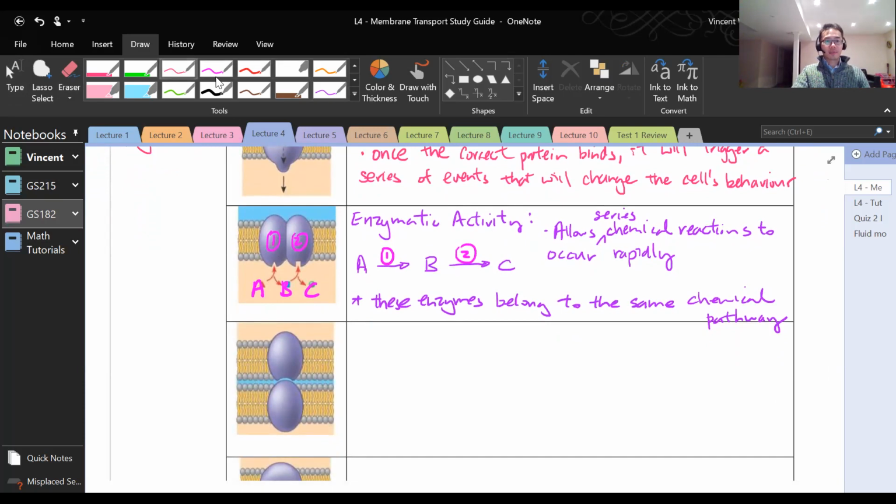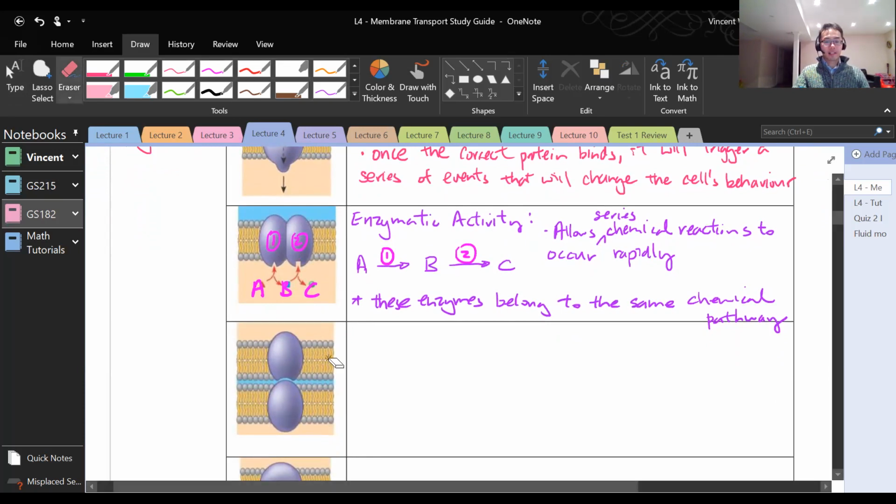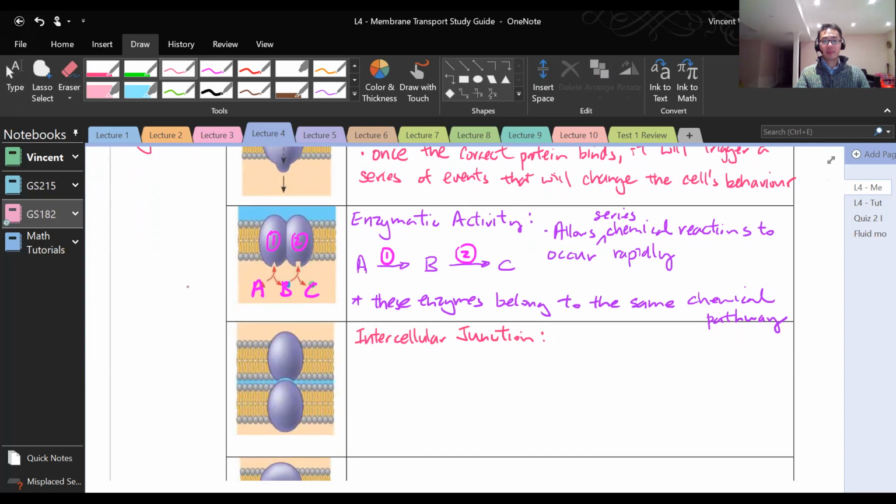Next function. This is called intercellular junction. Remember we talked about this last class, I think, when we discussed intermediate filaments.